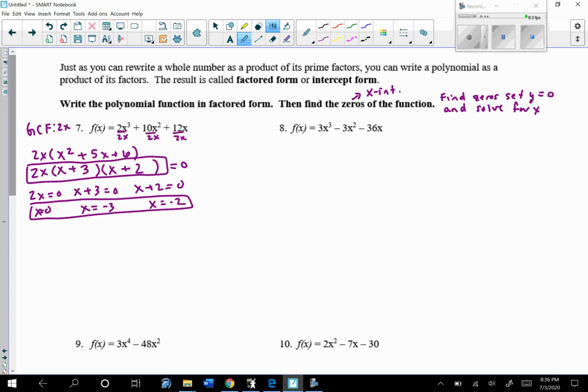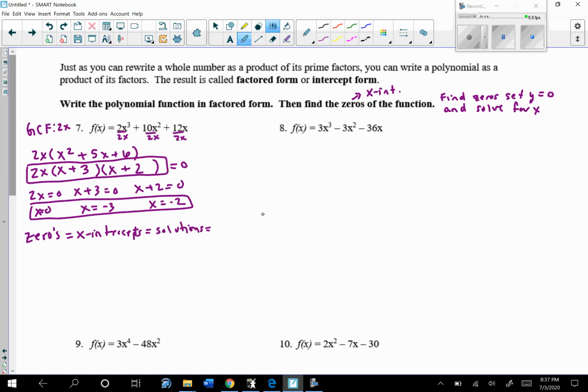So if you see zeros, the zeros are the same thing as saying x-intercepts. So find the x-intercepts, which is the same thing as saying find the solutions.